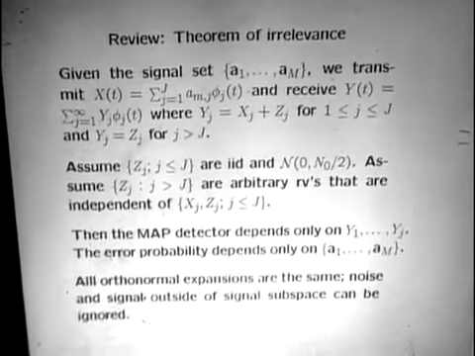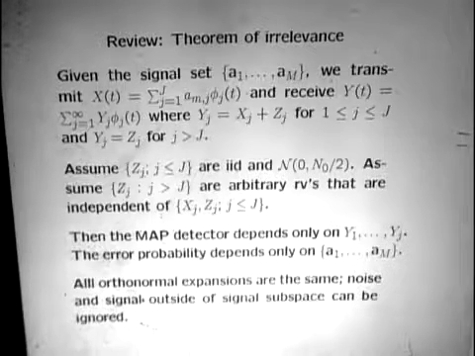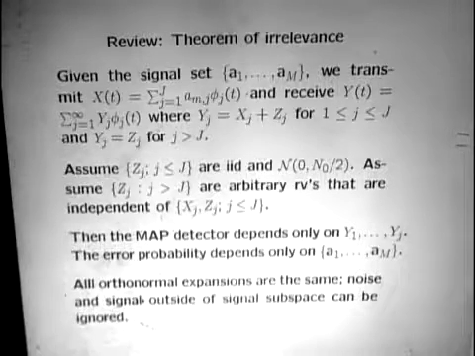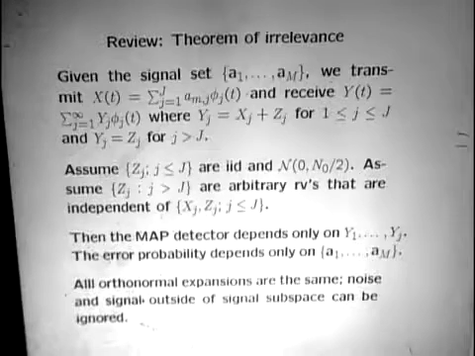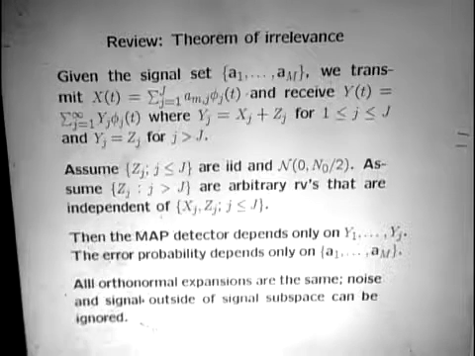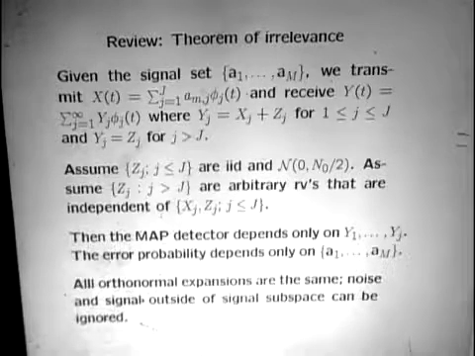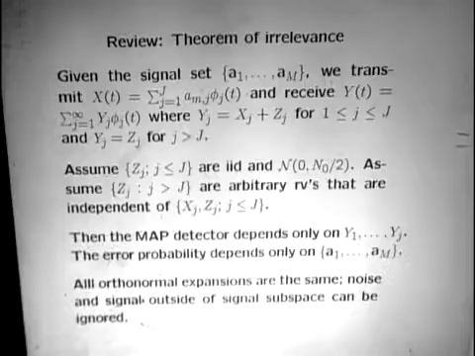You start out with a signal set. You're going to transmit one element of that signal set, and you're going to turn it into some waveform, which we'll call x of t. And x of t is going to depend on which particular signal enters the transmitter at this point. You're going to receive something where the thing that you receive has noise added to it.